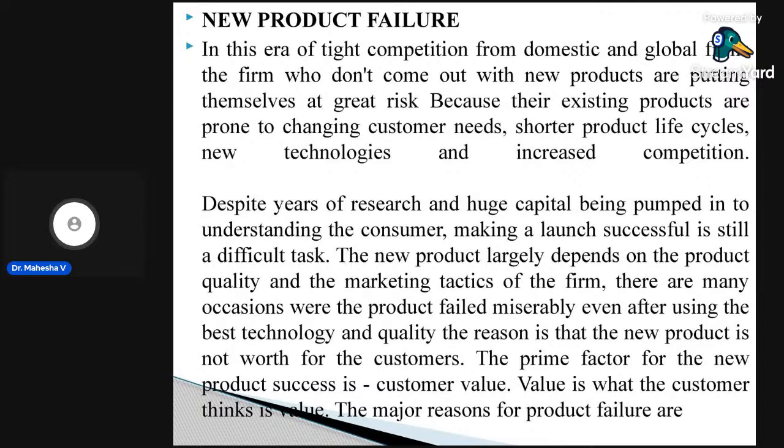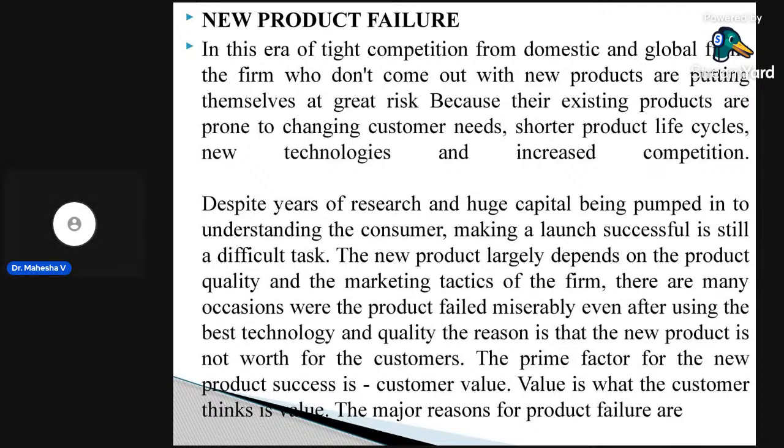The reason for introducing a new product in the market is that they have had a bad or negative experience with the existing products, those products which are not satisfying the needs of the customers and have very short product life cycles.